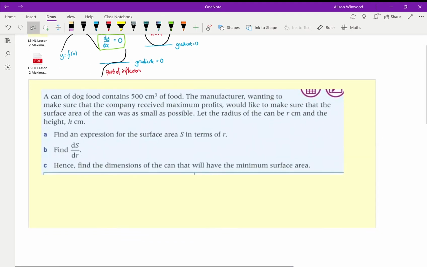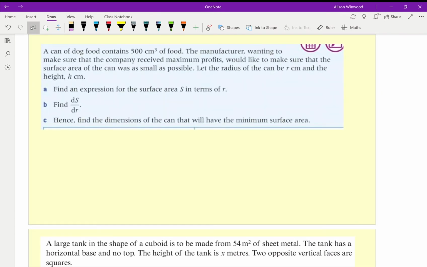So this is an issue for business where you have limited resources and you want to maximize what you can get from them. So we've got a can of dog food with a volume of 500 cubic centimeters, and they want to make sure the surface area of the can is as small as possible, given the radius is r and the height is h.